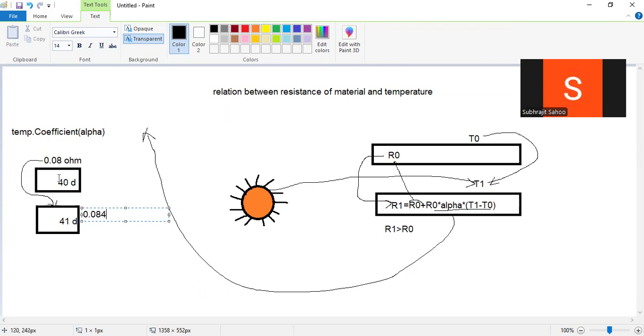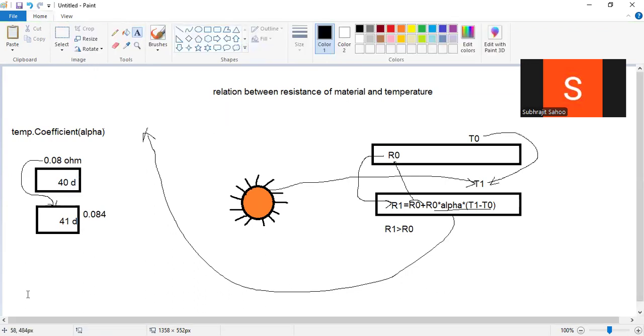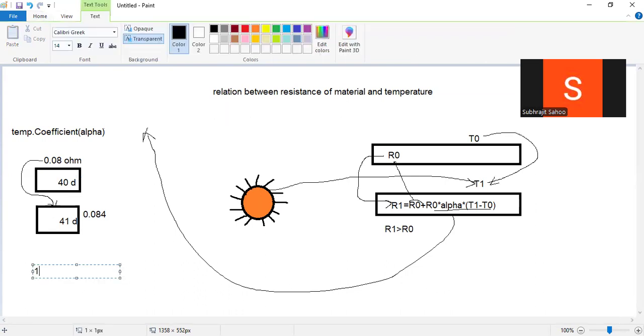How much temperature difference is here? Only 1 degree. For this 1 degree temperature difference, how much does the resistance change?